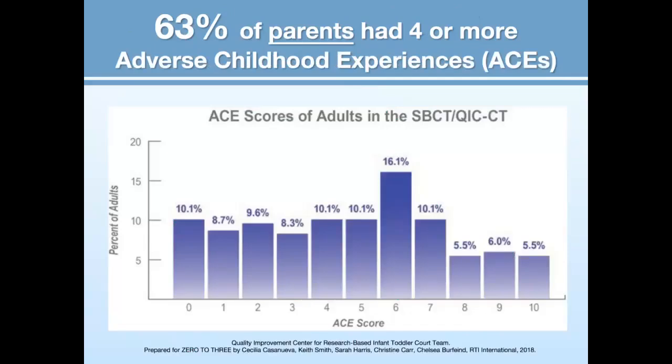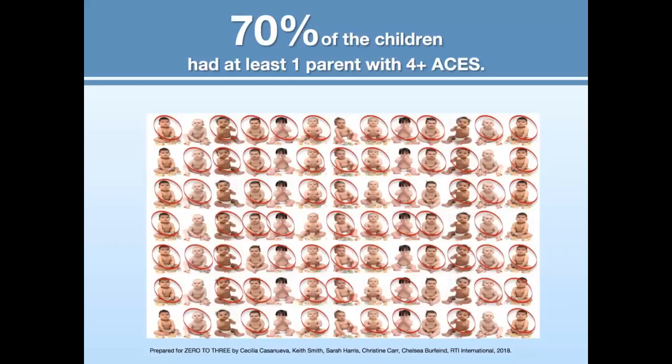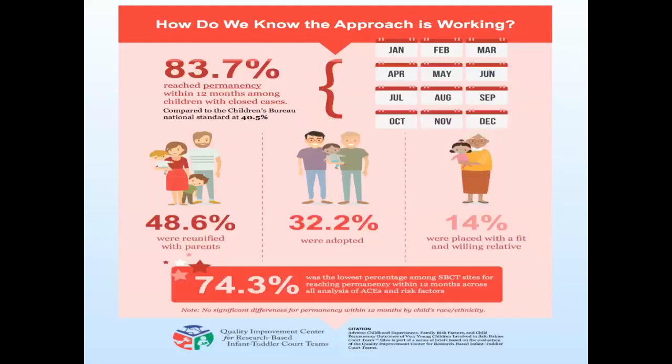And they looked at ACE scores in those court teams and found, amazingly, that 63% of the parents had 4 or more. And you can see the high percentage by the chart. And at least 70% of the children had at least one parent with 4 or more ACEs.